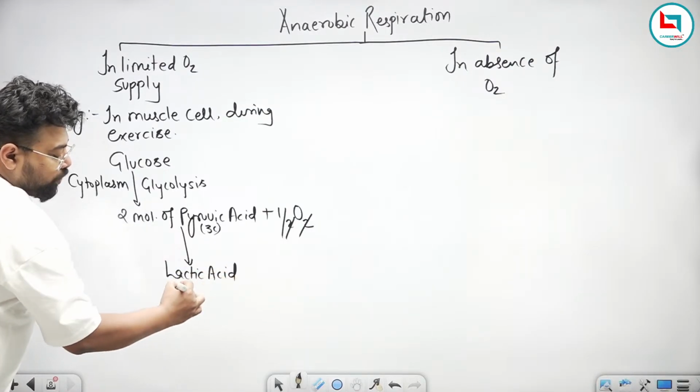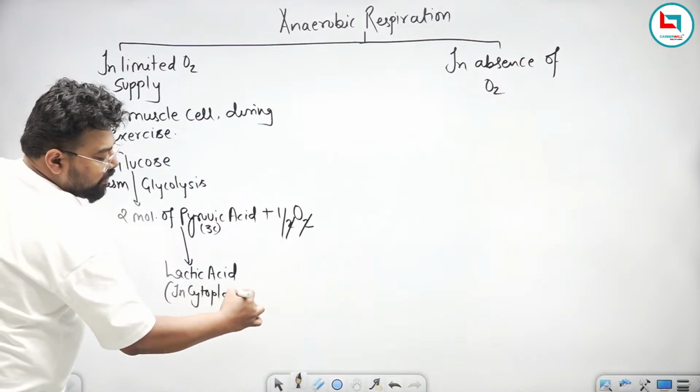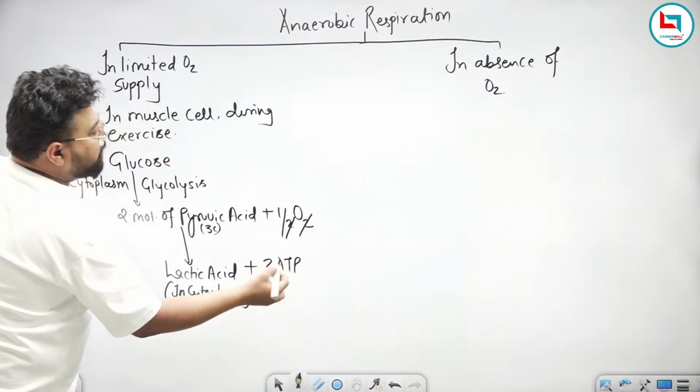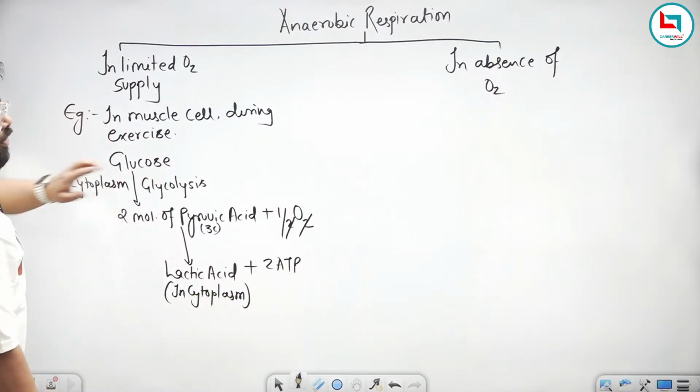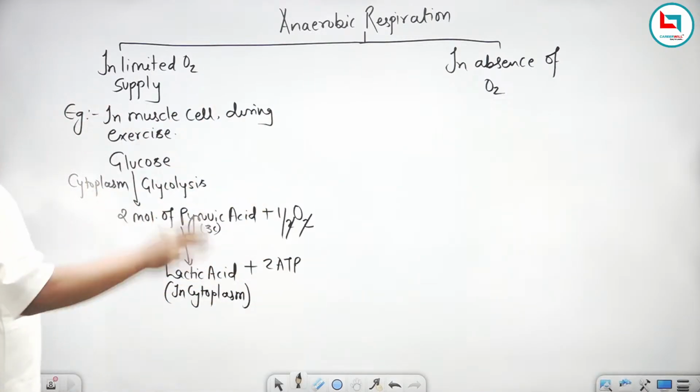in the cytoplasm, plus in this reaction 2 ATP is formed, and this ATP comes from the cycle of glycolysis, not from the Krebs cycle. If the Krebs cycle is occurring, the amount of ATP will be higher.